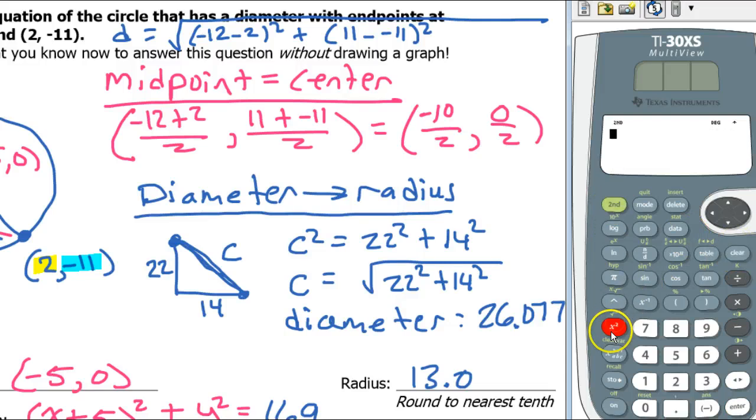So that would have been the square root of negative 12 minus 2 squared plus 11 minus negative 11 squared. All right, so of course we're getting the exact same thing that we got the other way.